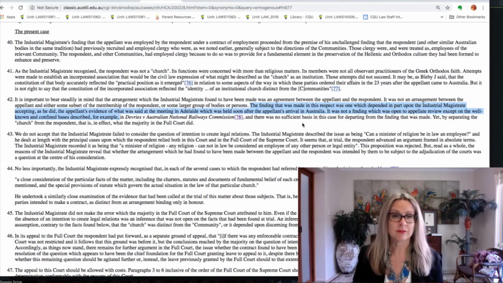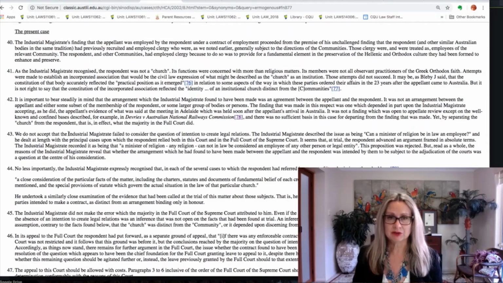Okay? The main reason why the Supreme Court had allowed the appeal to it was because they said there was a big problem with the industrial magistrate's initial finding, and that was he didn't actually go ahead and consider the whole question of intention to create legal relations. And the High Court says, well, that's rubbish, actually, because that whole issue is bound up in the question, can a minister of religion be in law an employee?